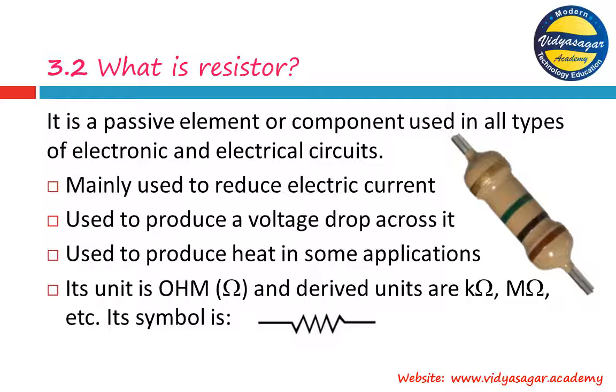It is used to produce a voltage drop across it, and it is also used to produce heat in some applications. You might have seen one example in goodnight tabs, where the tablets are heated up by a resistive element beneath the tablet. So this can be one of the applications of a resistor, to produce heat. Its unit is ohm, and the derived units are kilo ohm and mega ohm, and this is the symbol of a resistor.